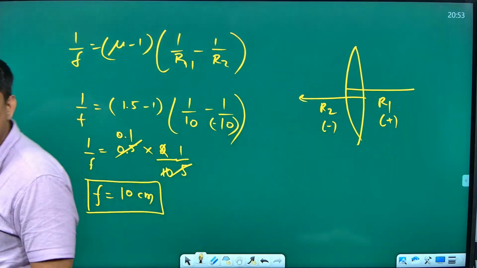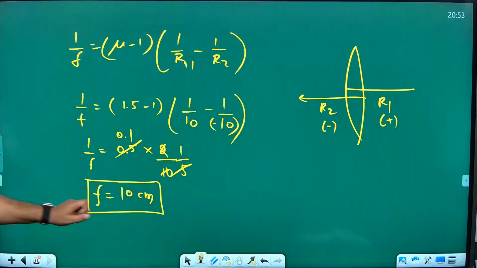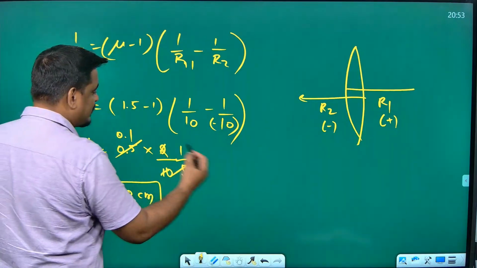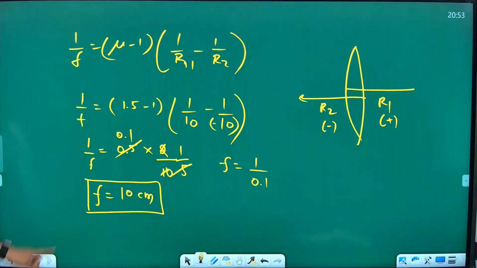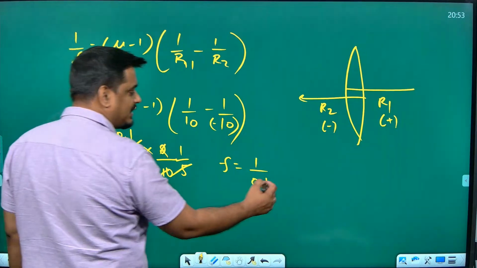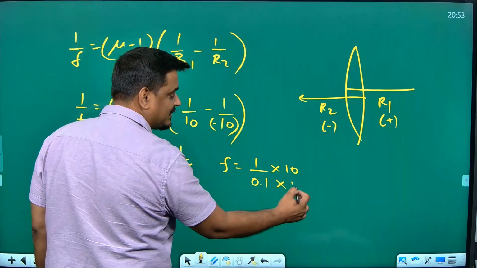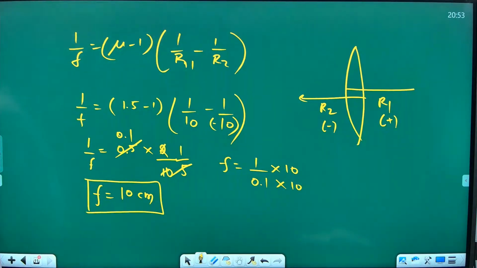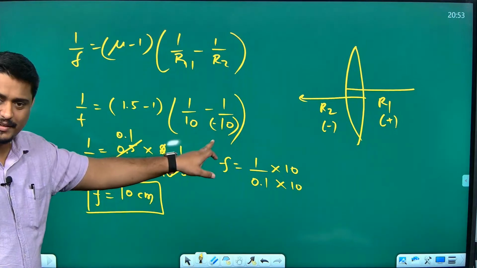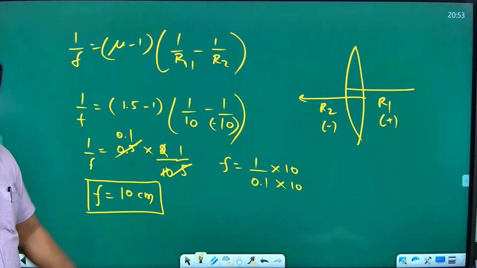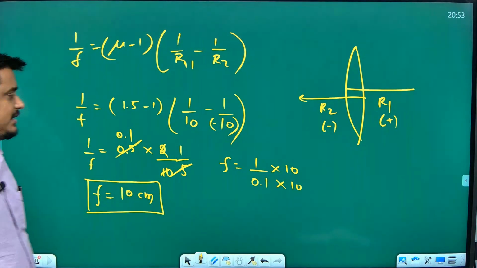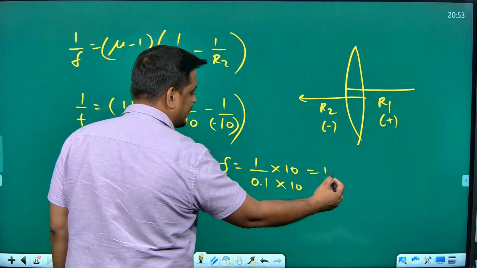Is it clear to you? How 10 came? Good. So 1 by f is 0.1. So, f will be 1 by 0.1. It is 1 by 10 minus of minus 1 by 10. So, it will become 1 by 10 plus 1 by 10, which will be 2 by 10. And then this becomes 1, this becomes 10.